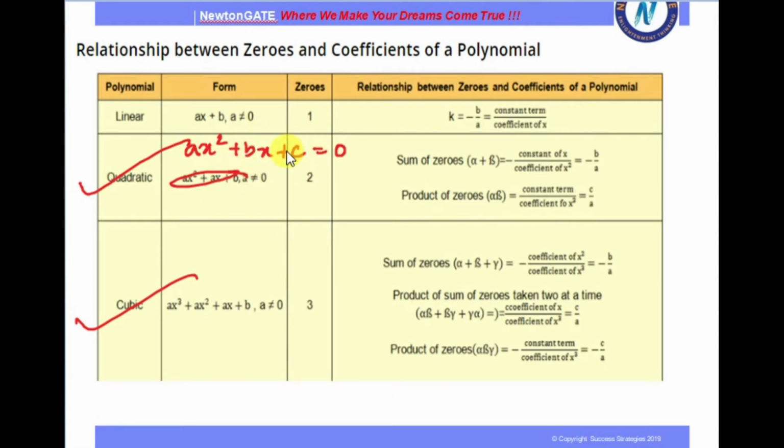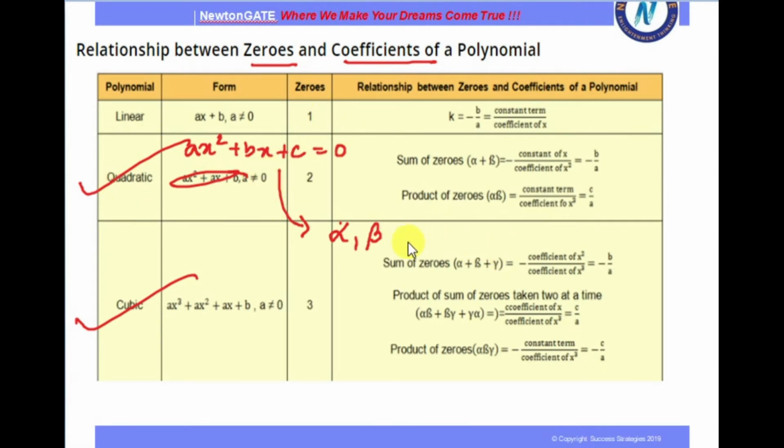Okay, so there is a relationship between the zeros of a polynomial and the coefficients of a polynomial.